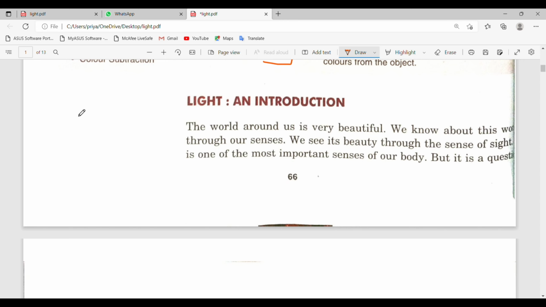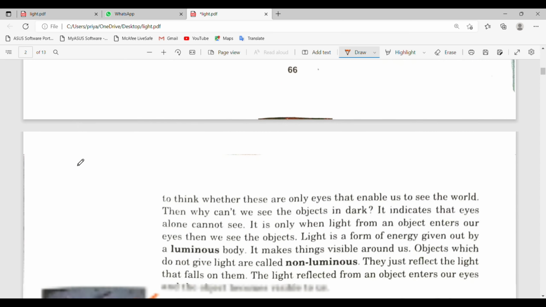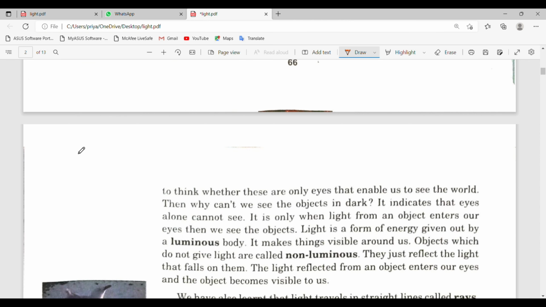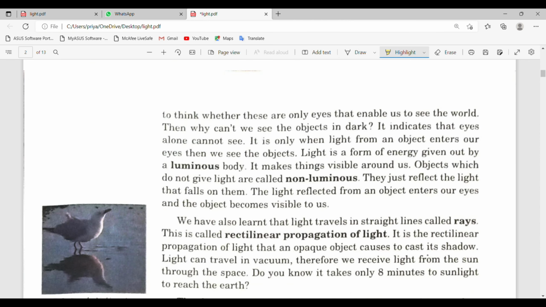I told you that light is a kinetic energy and also it is known as electromagnetic radiation, which is emitted by hot objects like bulb, laser. In very easy language we can say light is the energy by which we can see the object.